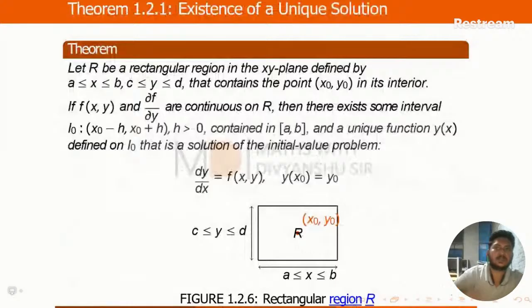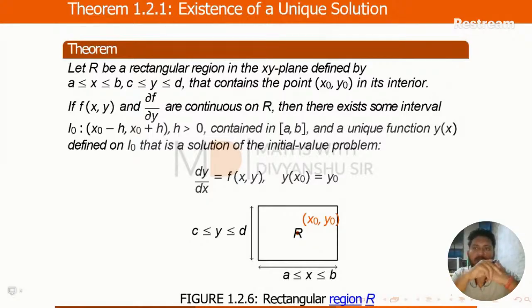So here let R be the rectangular region in the xy plane defined by x from a to b and y from c to d, that contains the point x0, y0 in its interior.